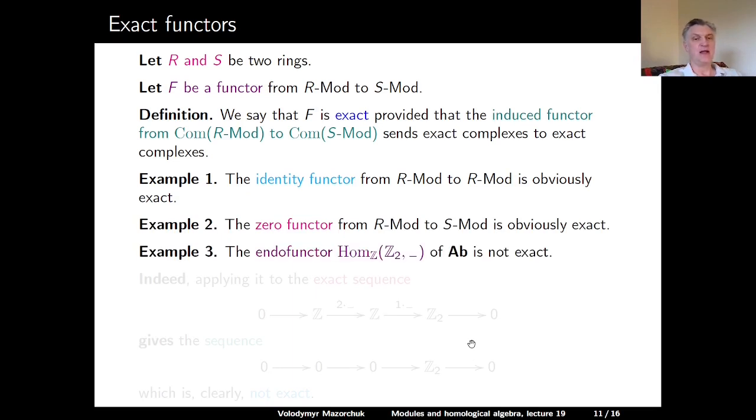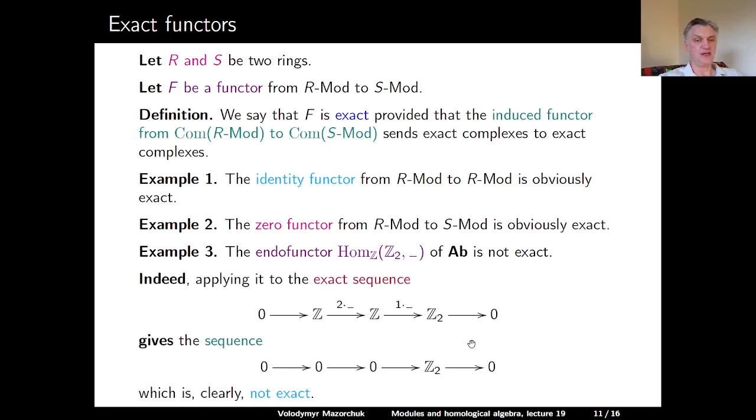Example 3, the endofunctor of abelian groups given by taking homomorphisms of abelian groups from the abelian group Z2 to something. We claim that this functor is not exact. Indeed, let us start from the following complex of abelian groups.